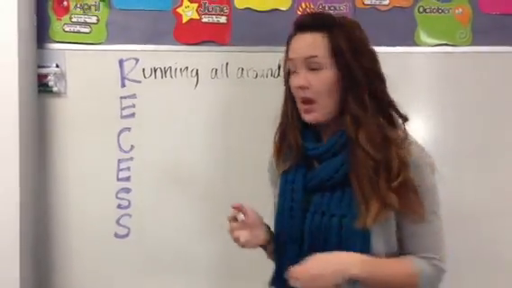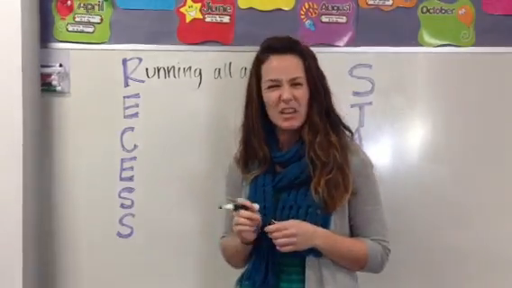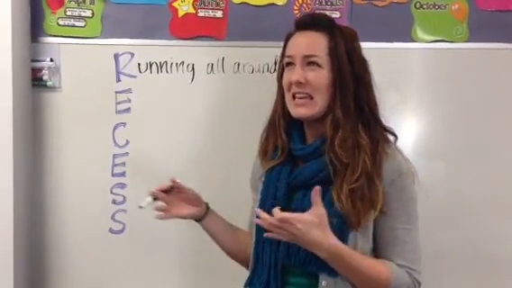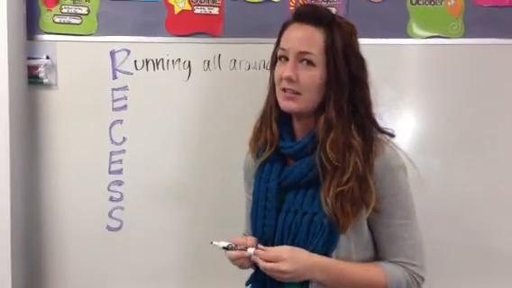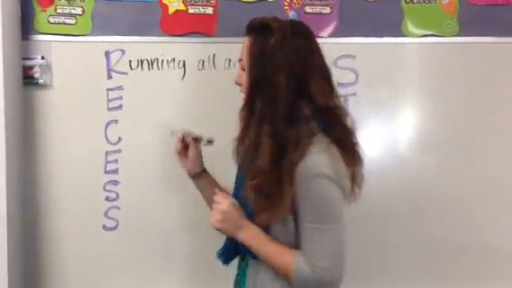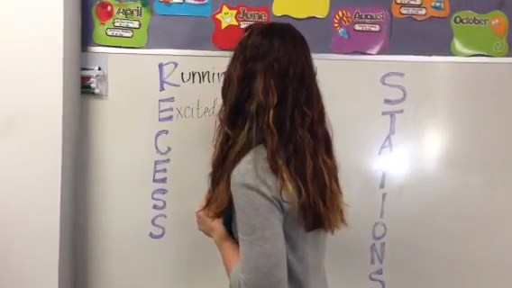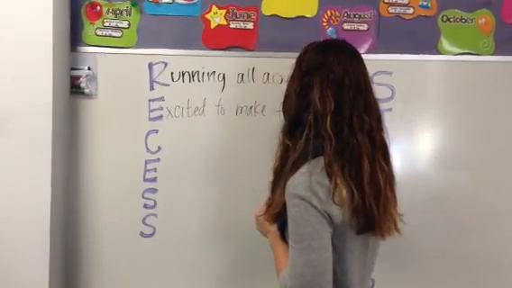Great idea. I'm going to keep going with the same idea with the rest of my letters. E. Can you think of something that would start with E? Easy. Excited. Oh, I am excited at recess. I'm excited to make new friends.